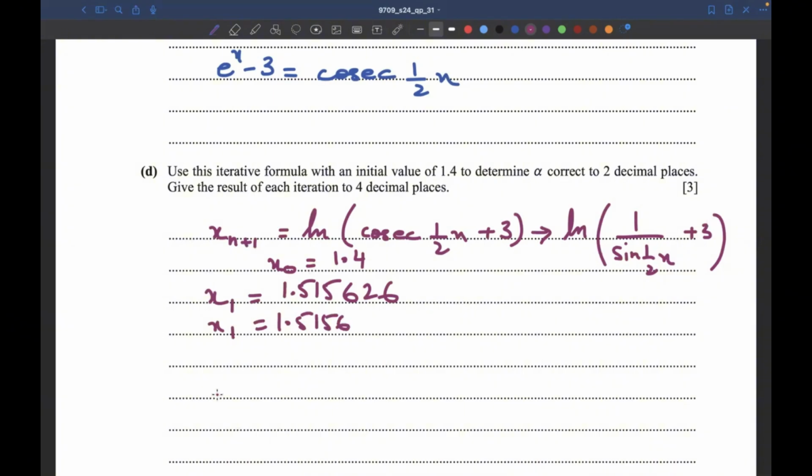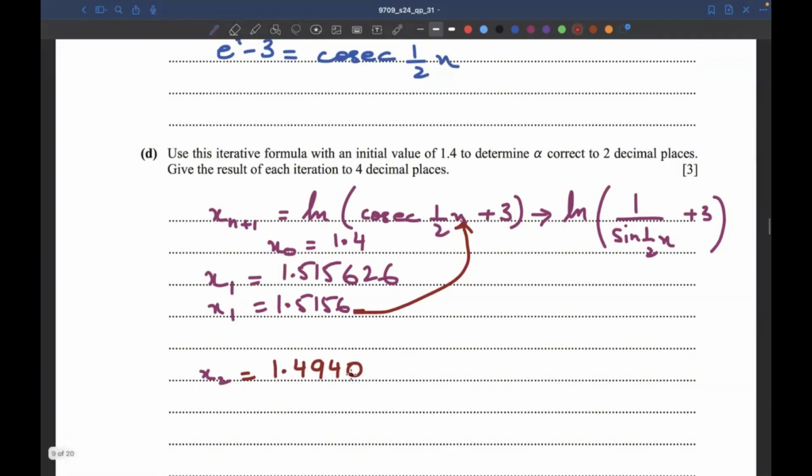Now once we have the first value, we can find the second value by substituting this value in x over here. So we take this value divided by 2, sine of this answer, 1 divided by the answer, plus 3, and then ln of this answer. We are getting 1.4940.